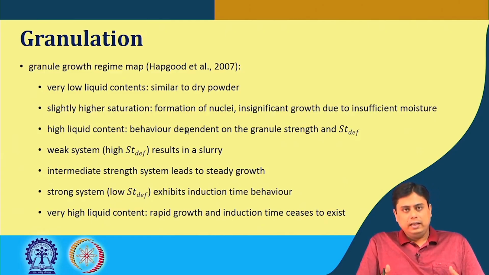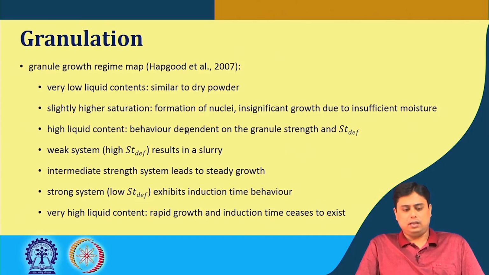So, if we increase the liquid content further, then the behavior depends on the granule strength and this Stokes deformation number. At a moderately higher liquid content, the product granule size or its behavior is dependent on the granule strength and the Stokes deformation number.